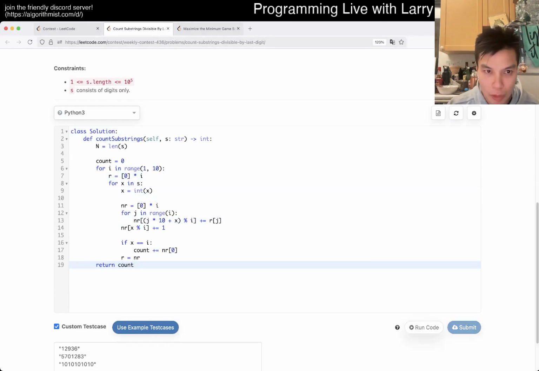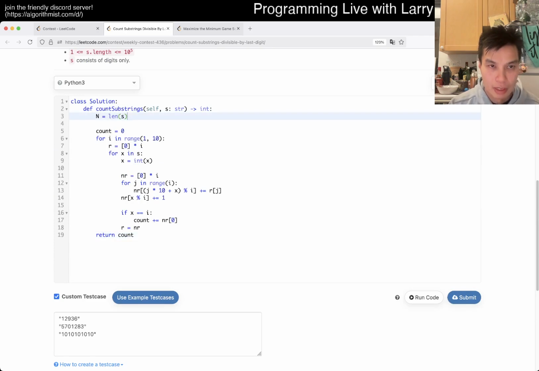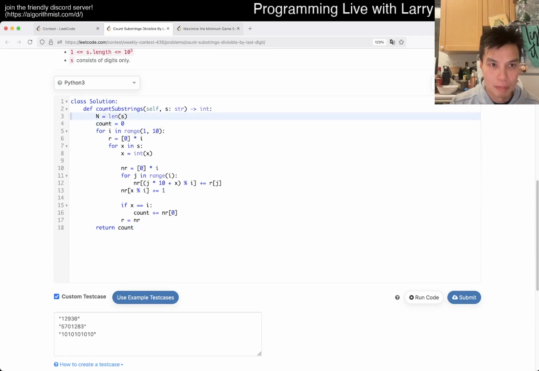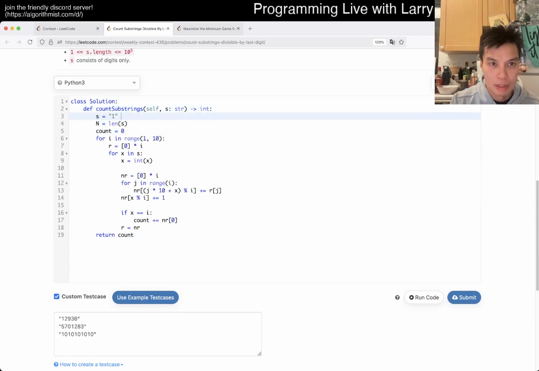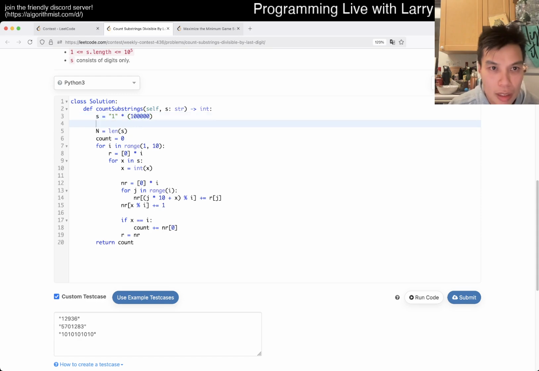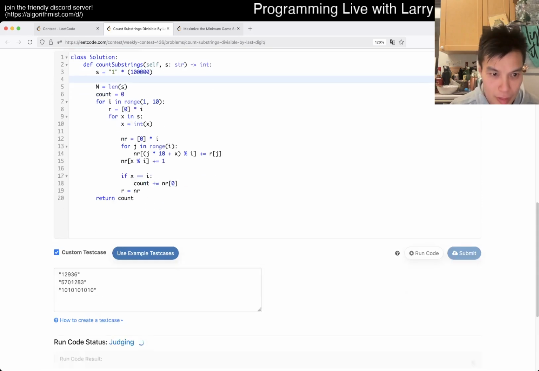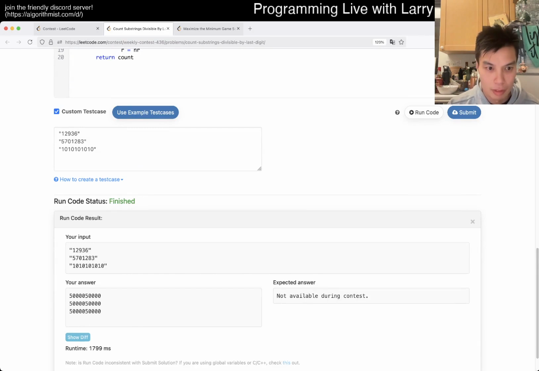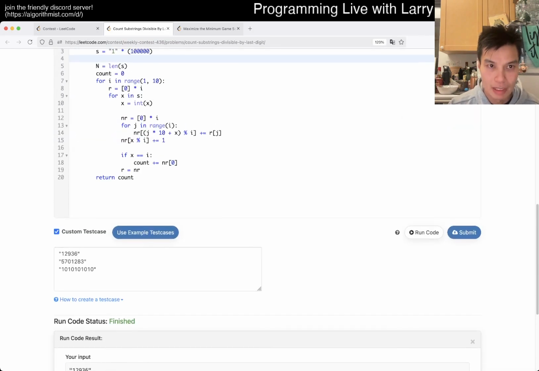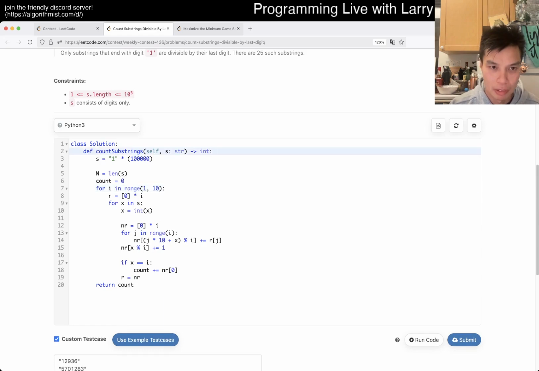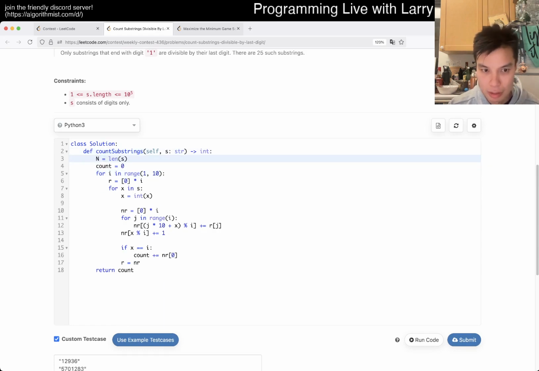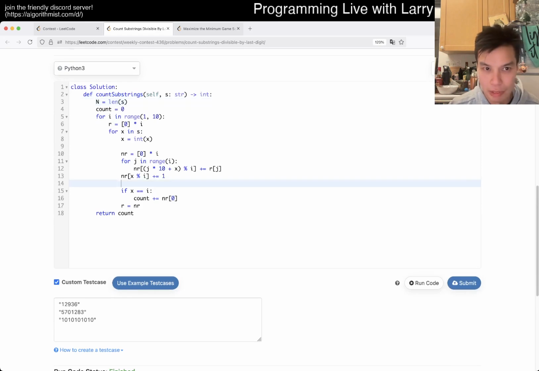Okay, but then now what we want is if S is equal to some long number. Is that fast enough? 1.8 seconds. I'm not confident about it in Python, so I'm going to convert it to Java, because this is very silly to write in Java anyway.